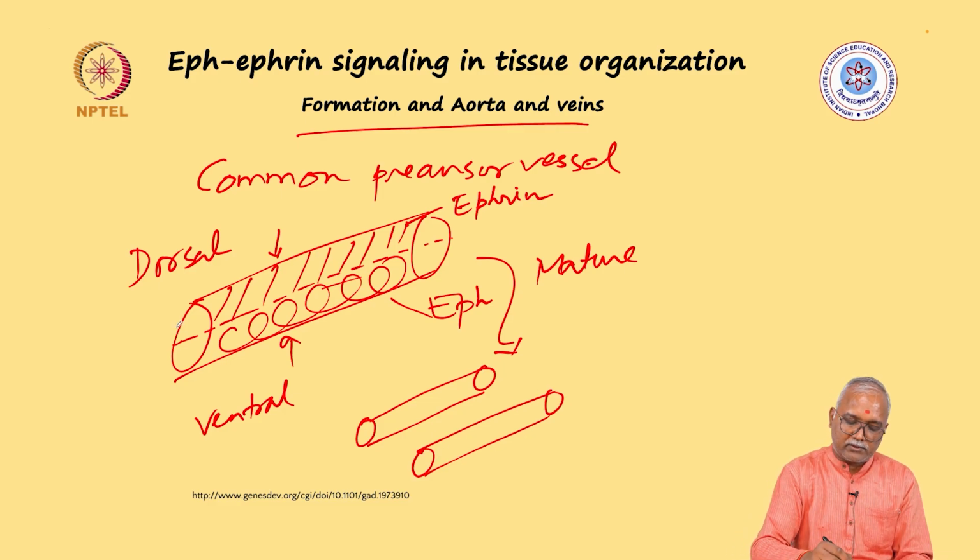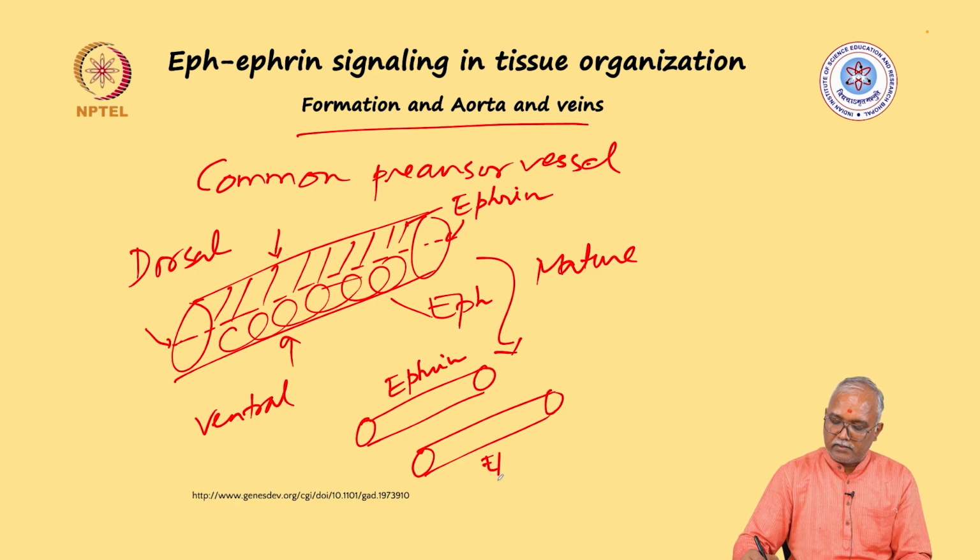If you think about the constriction happening along this boundary, you will have one set of vessels which carry only the Eph-Ephrin and the other set of vessels carries only the EPH.